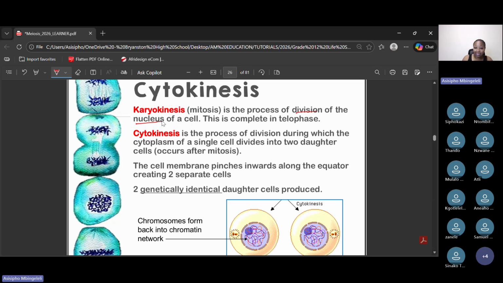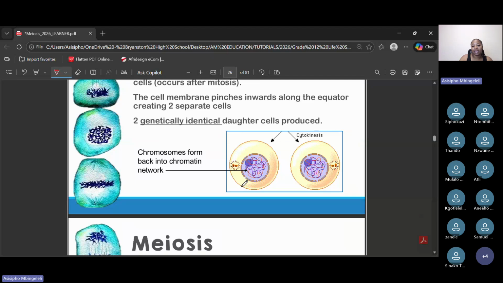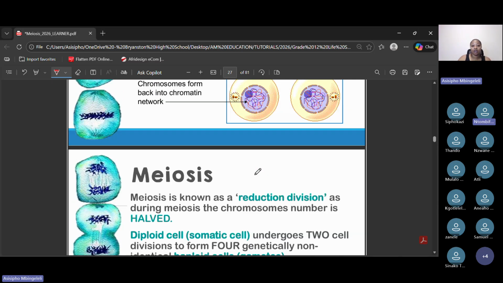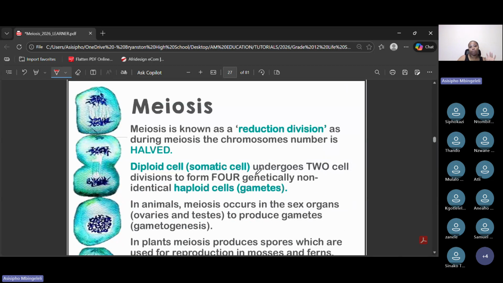Same with cytokinesis. Cytokinesis is the division of the cytoplasm. The cytoplasm is that jelly-like substance that fills up the cell. So it needs to divide so that both cells may have the cytoplasm. And at the end of mitosis, the 2 cells are genetically identical. There it is. All right, that's it with mitosis.